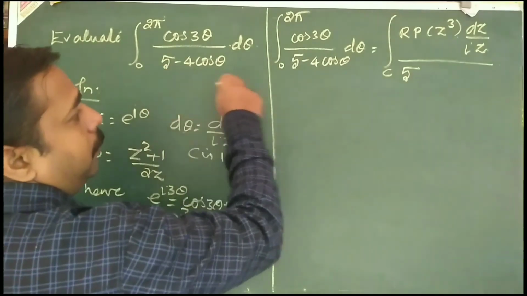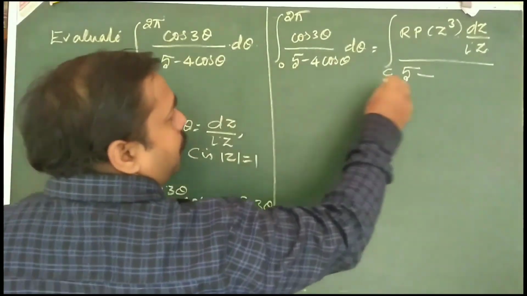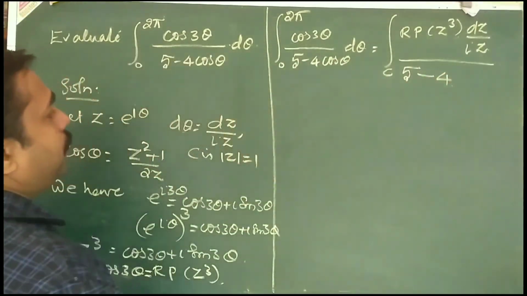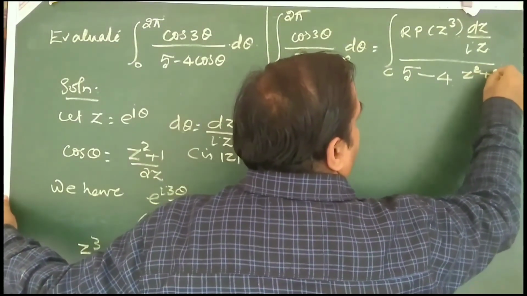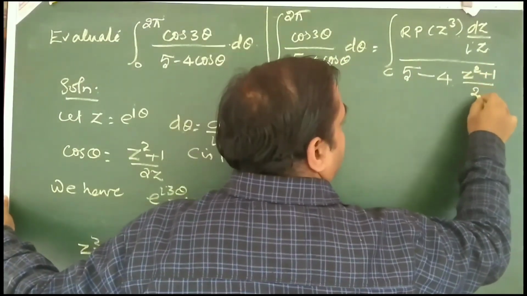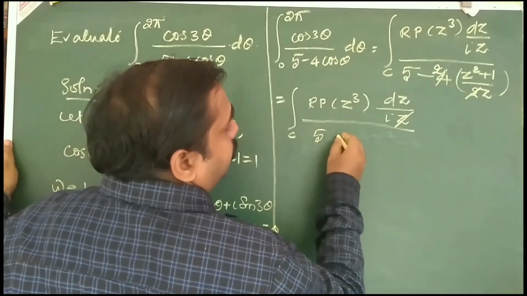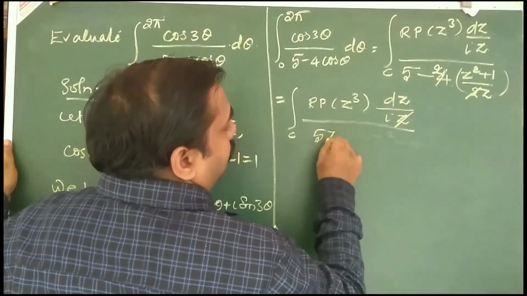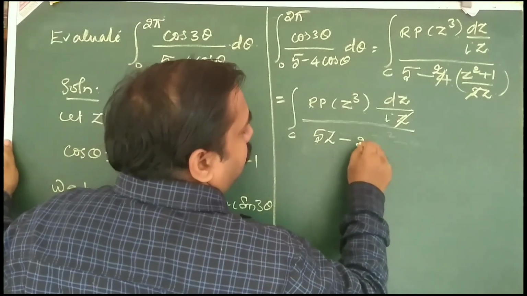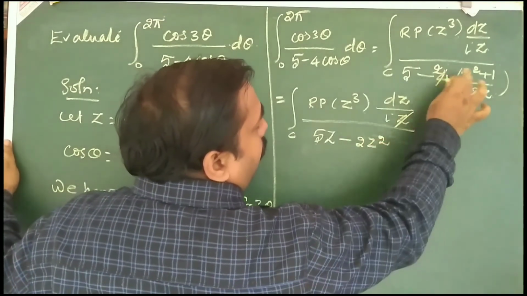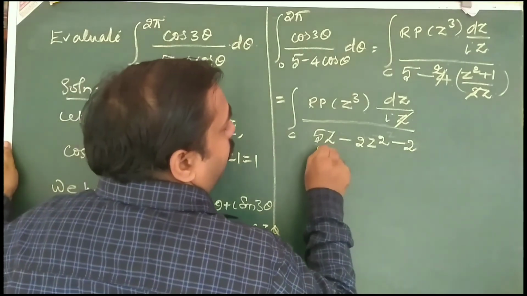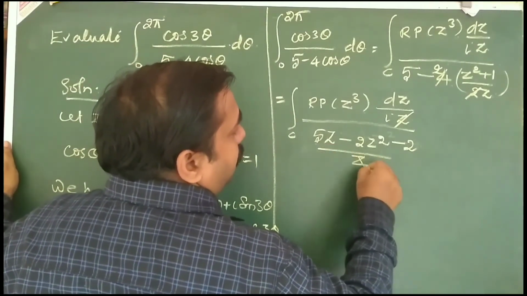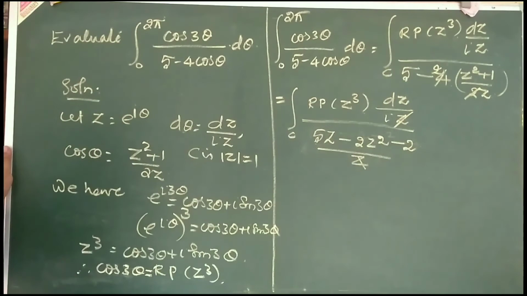This 5 minus 4 into cos theta. Cos theta is equal to z square plus 1 divided by 2z, or 5z minus 2z square minus 2 divided by z. So this z cancels.